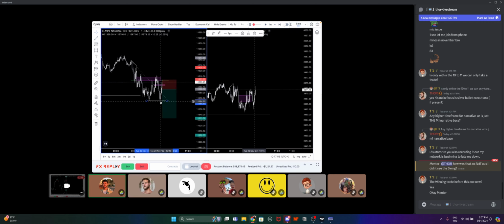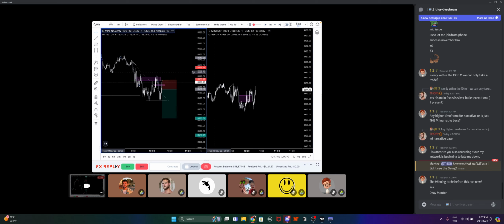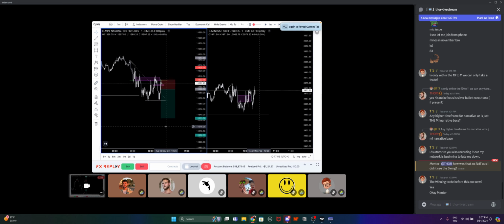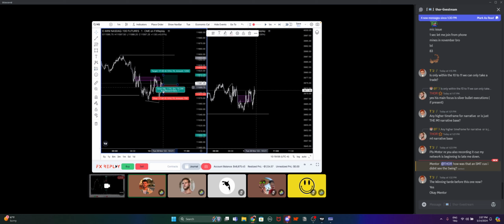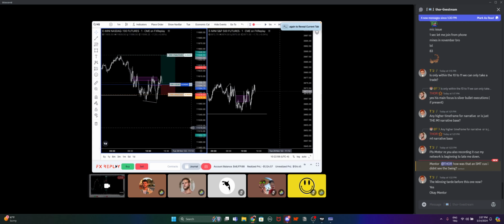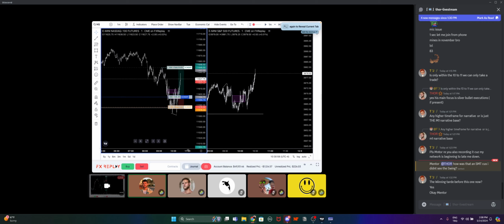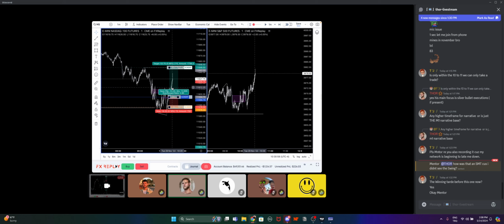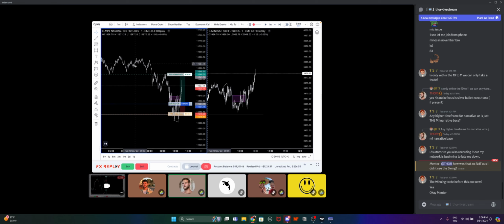So it formed an SMT. Like even further, if you zoom out a little bit, you can see that's probably a 5-minute or 15-minute origin consolidation.